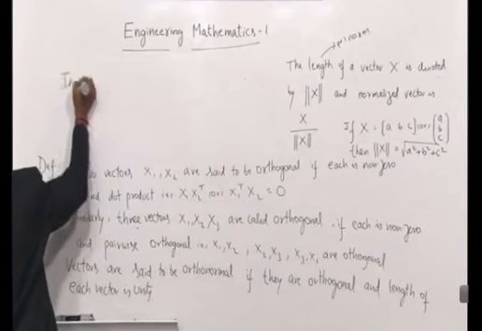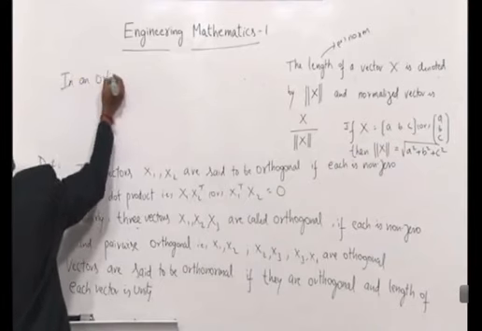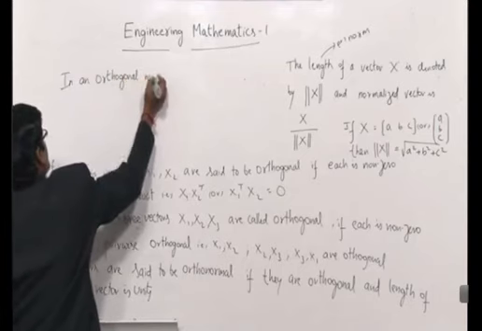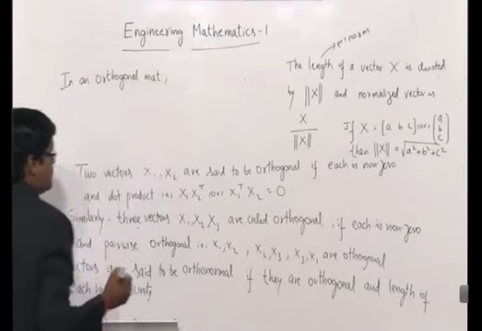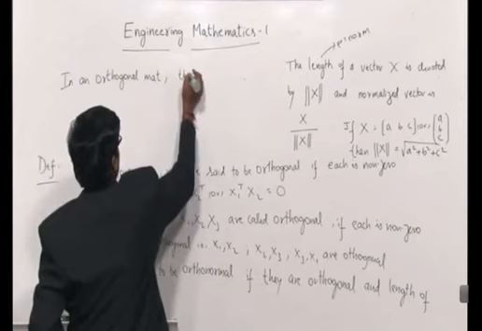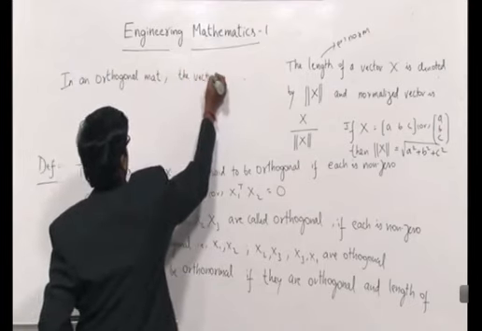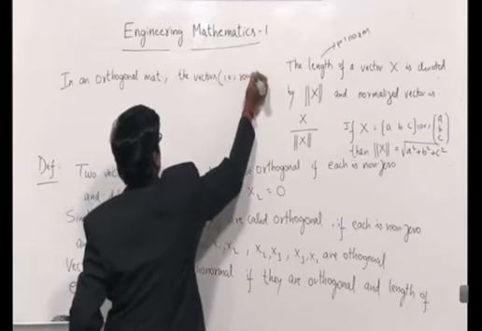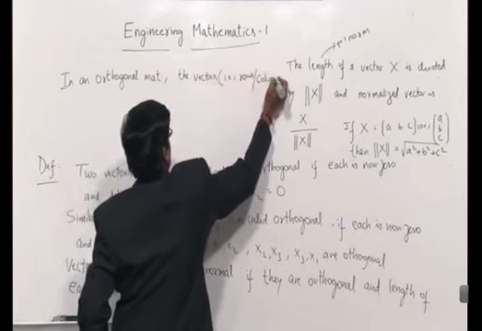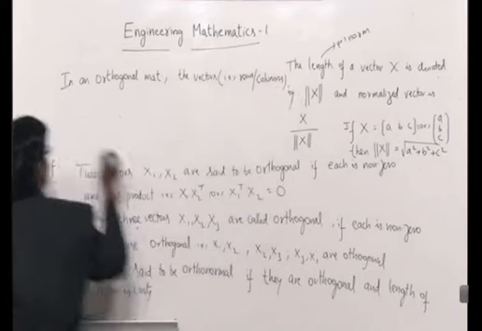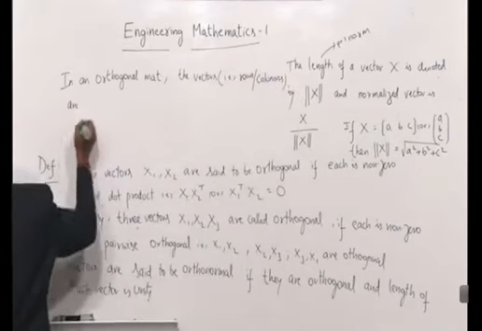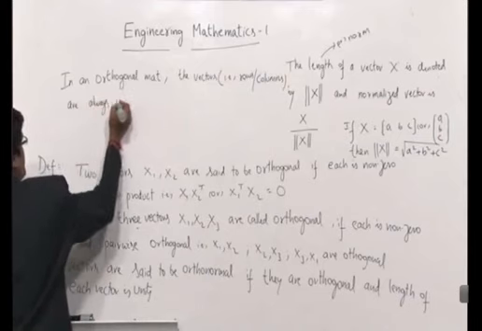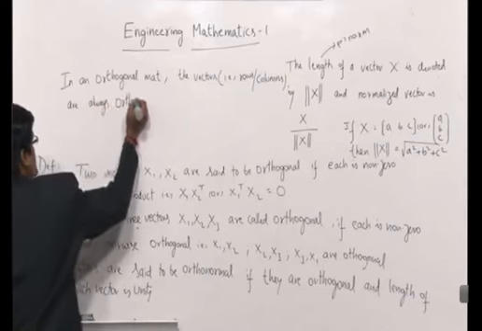This is a very important point. In any orthogonal matrix, the vectors, that means rows or columns, are always orthonormal.